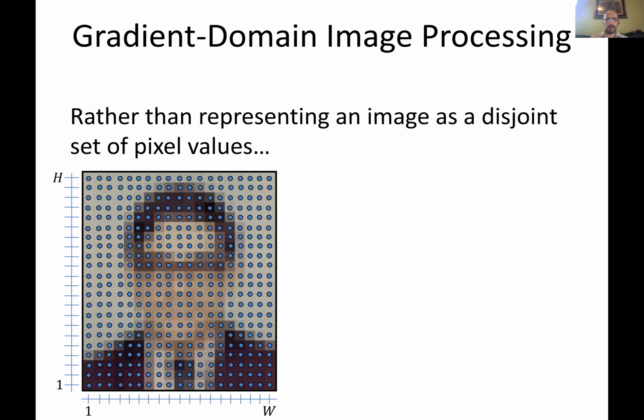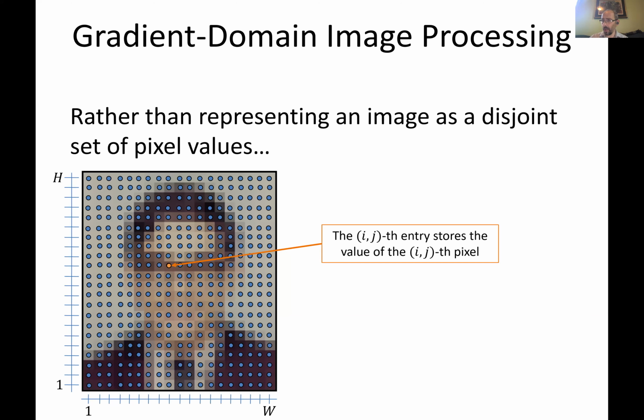Okay. So what's the idea? The idea is, instead of representing this as a two-dimensional array of pixels where, at the ijth position, you have the color at that position, maybe red, green, and blue values, maybe 24 bits, maybe 32, I don't know. Maybe you're doing hyperspectral imaging and you're trying to figure out how birds see the world, whatever, you have some value at each pixel.